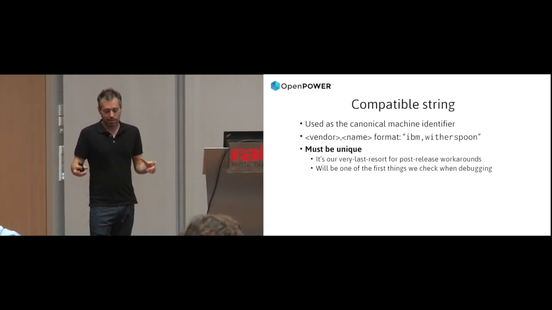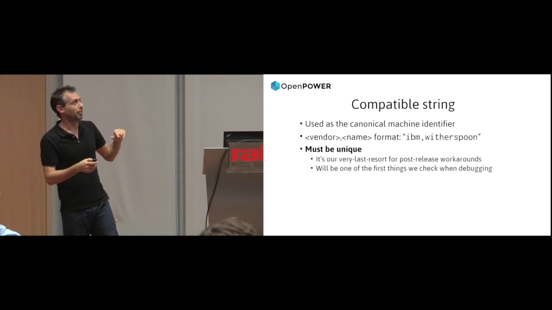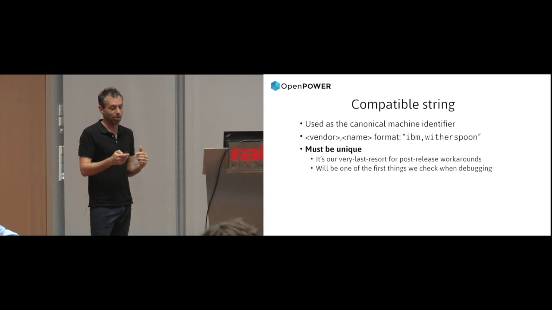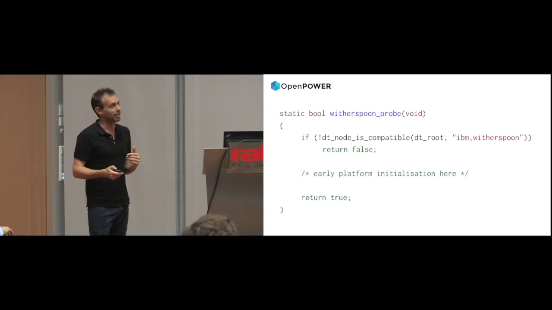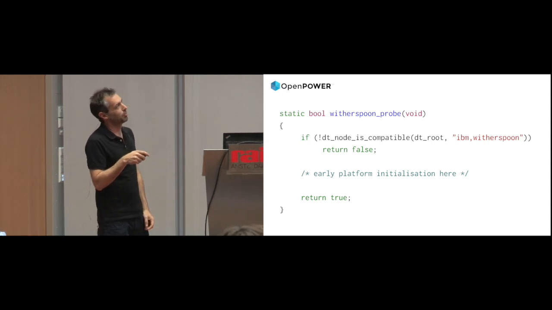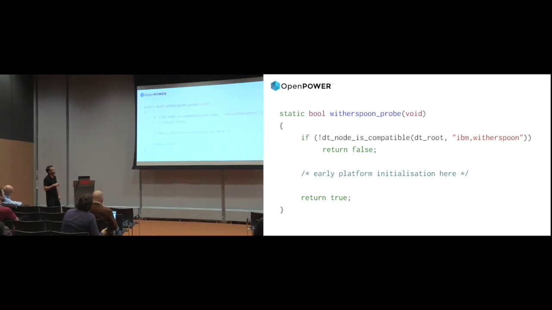When skiboot starts, we get that compatible string, which I spoke about before, and then, actually, what we do is call a probe function in each of the platform definitions. The probe function will return true if it is that platform or false otherwise.